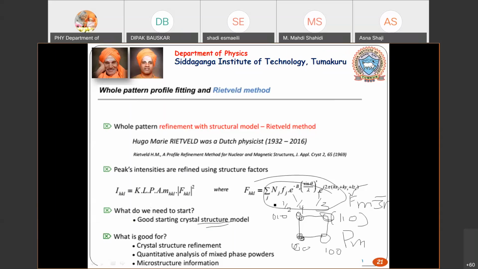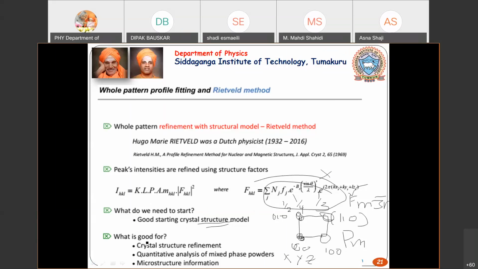So these are the atomic positions, your x, y, and z. Instead of this, I cannot use some arbitrary number, as this becomes a wrong model. So apart from good data, you need to start with a good model. These are the things you need to take care of when you start your Rietveld refinement.